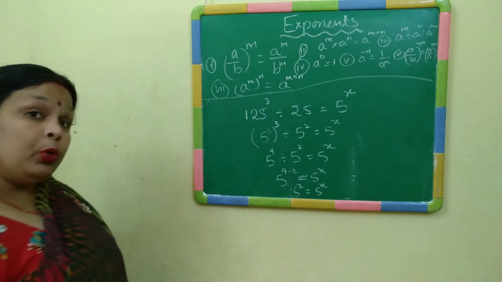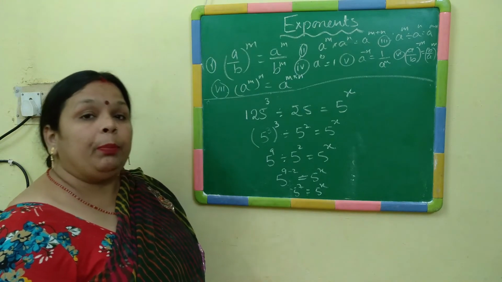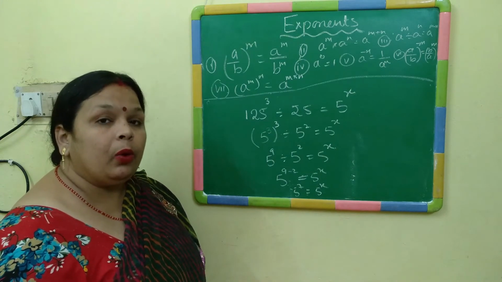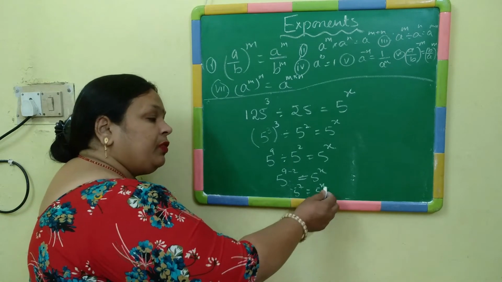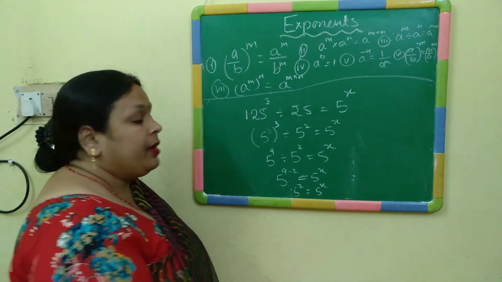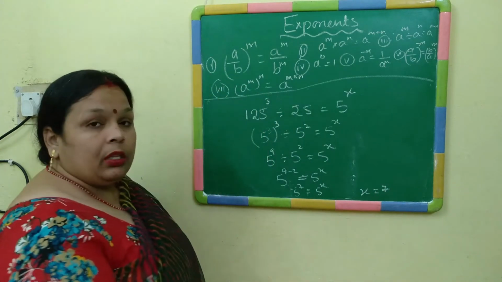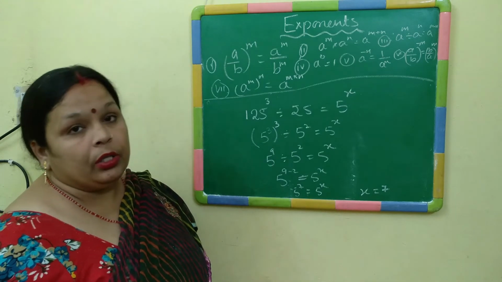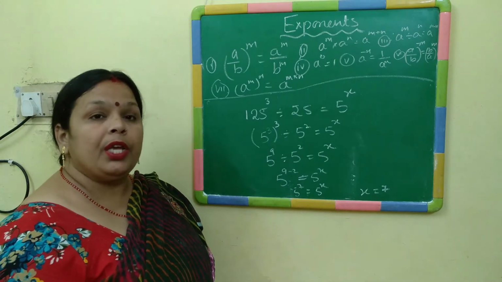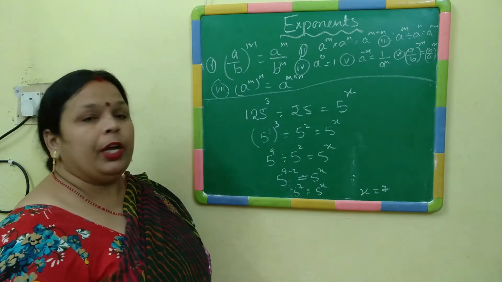Here, as the bases are the same, we can equate the powers and we can say that the value of x is 7. Because 5 power 7 is equal to 5 power x. Hence, x is equal to 7. So, using many rules in one problem, we can lead to the conclusion and find the value of x. We can trace a variety of problems for finding the values.